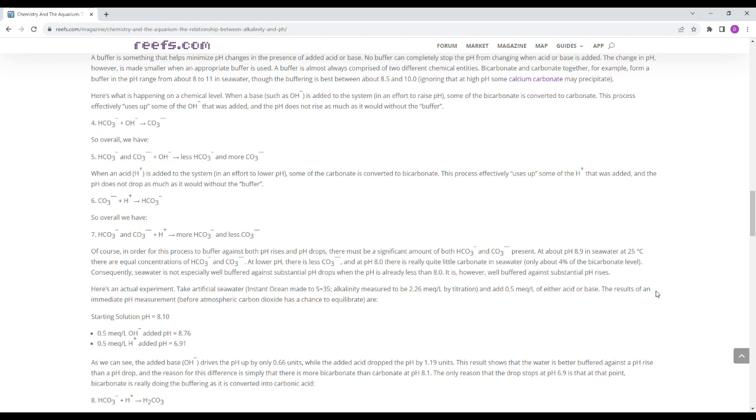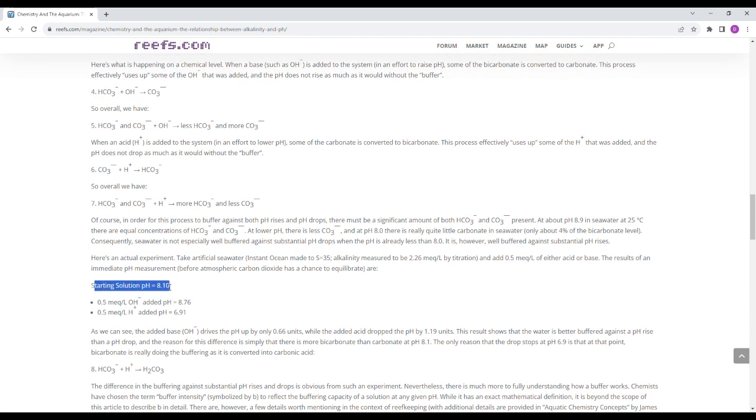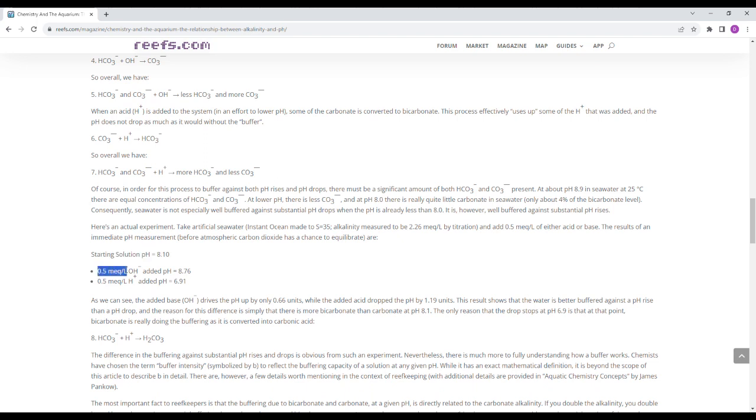The results of an immediate pH measurement, before atmospheric carbon dioxide has a chance to equilibrate, are: starting solution pH is 8.10. Adding 0.5 mEq per liter of base, it increases to 8.76. Adding 0.5 mEq per liter of acid, pH drops to 6.91.